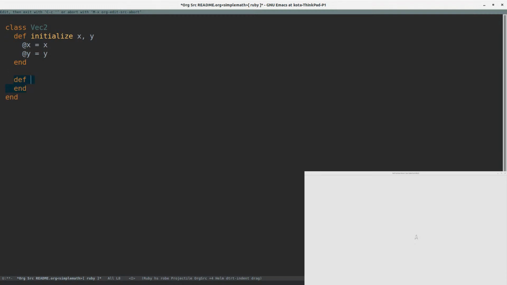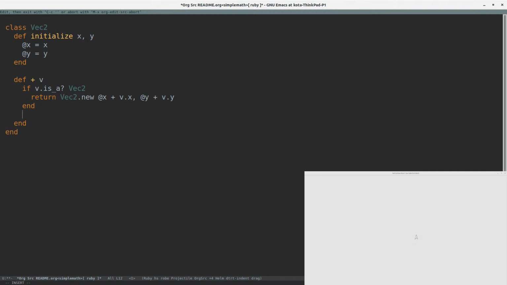So now we'll also add in a few methods. We'll just call the argument v for vector. We'll say if v is a vec2, then we can create a new one for now: new at x plus v dot x, at y plus v dot y.